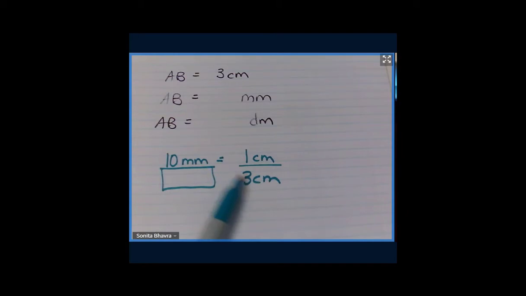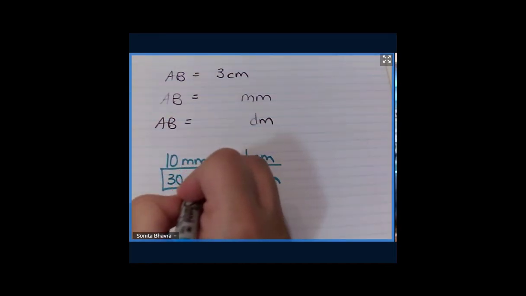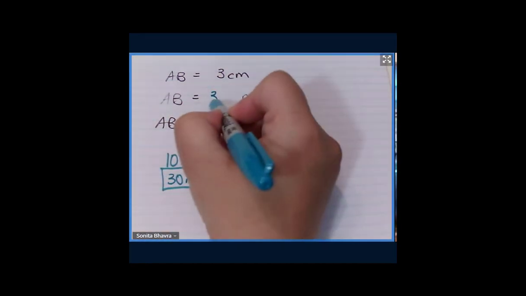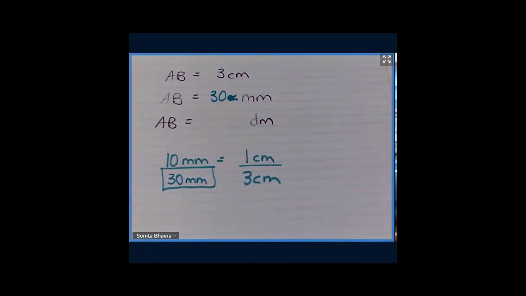So 10 times 3, so you multiply the 2 that are across from each other, and then divide by the 1 by itself. 10 times 3 is 30. 30 divided by 1 is still 30. So we end up with 30 millimeters. Therefore, 3 centimeters is 30 millimeters.